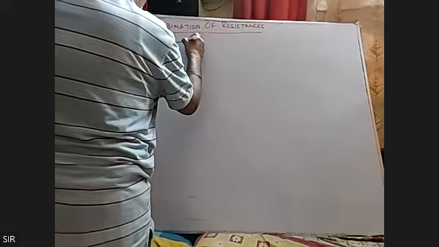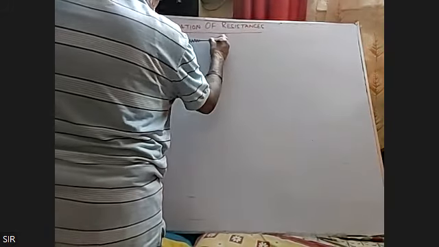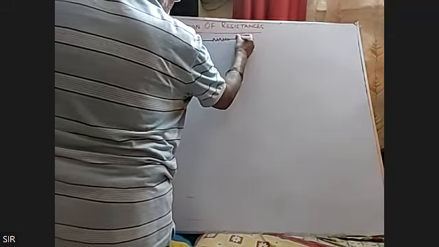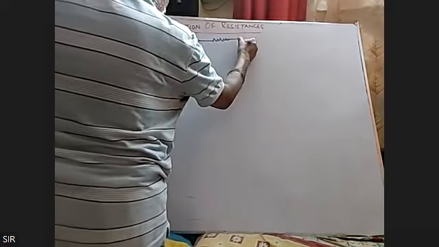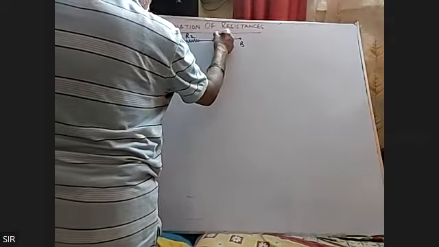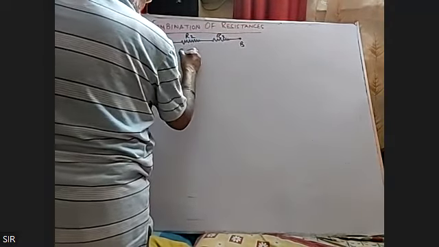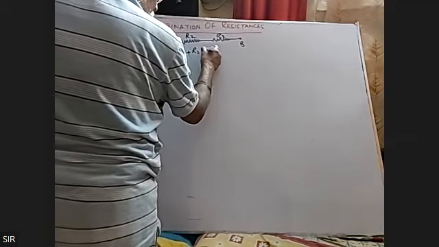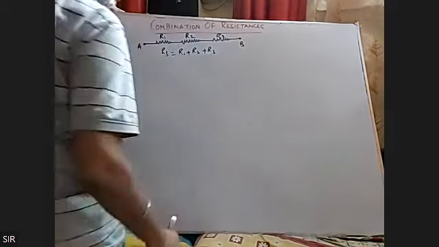Now I'm not going to make the cells, I'm just drawing it. Say this point is A, this point is B. So R equivalent between A and B, they are all in series. So RS is equal to R1 plus R2 plus R3. Clear?